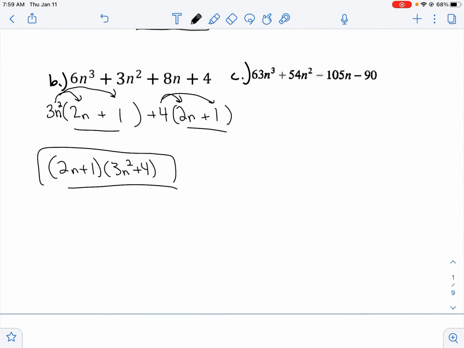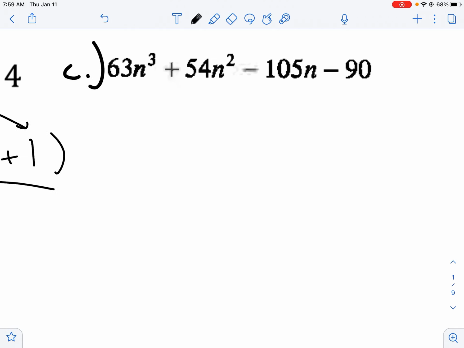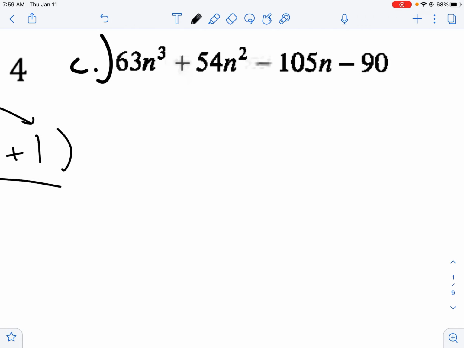That's just that simplified. And then over here, if you look at this one, you have 63, 54n squared. Well, all of these are multiples of 3. So at the beginning, I can pull out a 3. You always want to look for a common factor beforehand.